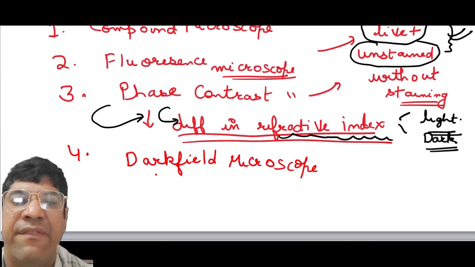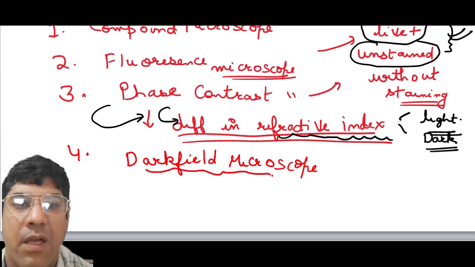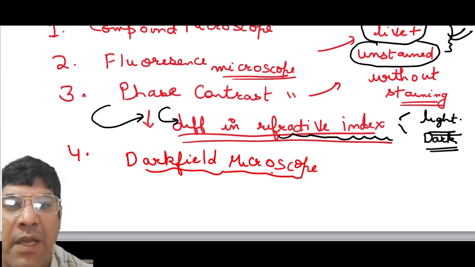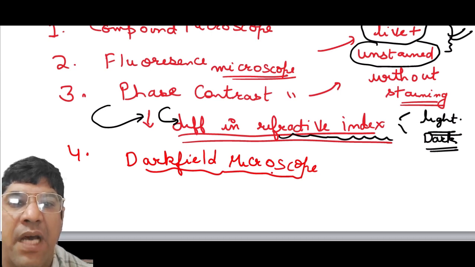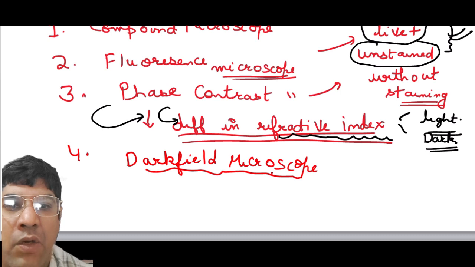Now what is the principle of dark field microscopy? Under the bright field microscopy, the specimen is illuminated from below, whereas the dark field microscopy uses a specialized dark field condenser. This condenser directs the light at oblique angles so that no direct light enters the objective lens.